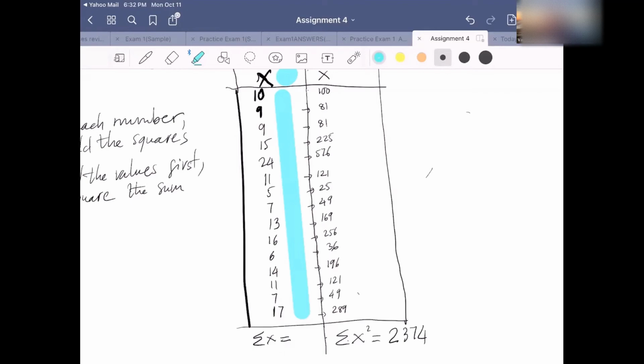Who has the answer? Go ahead and type it in. All right, let me know if you have the answer yet.